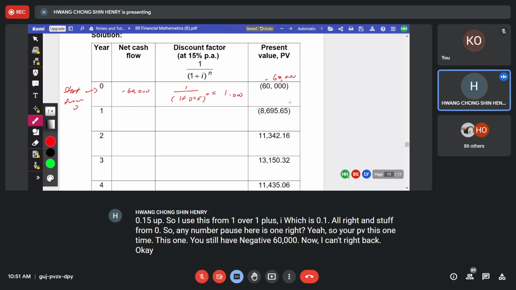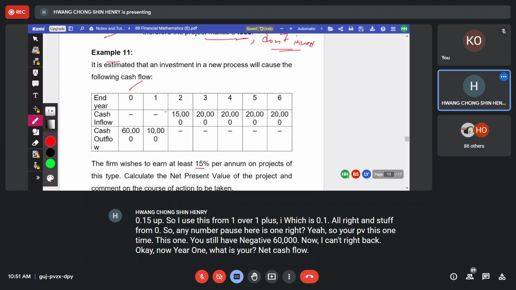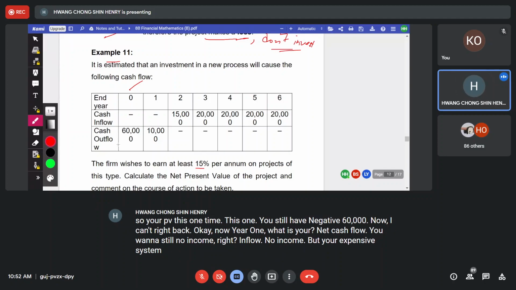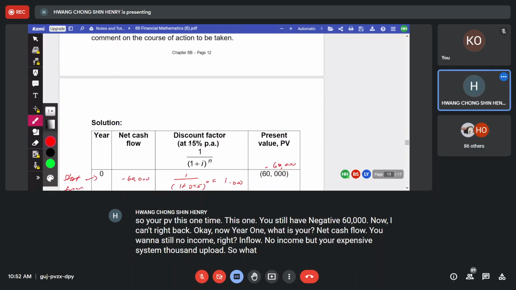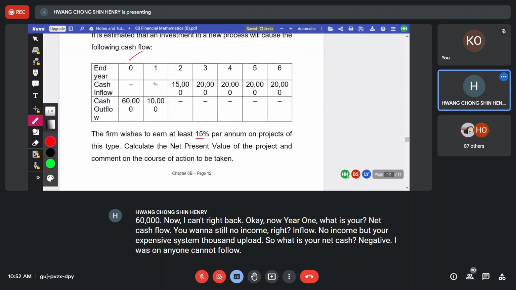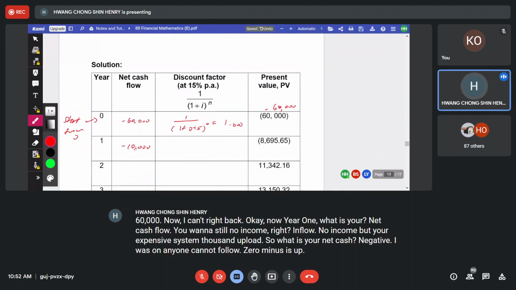Now, year 1, what is your net cash flow? Year 1, still no income, right? No inflow, but your expenses are 10,000 outflow. So what is your net cash? Negative 10,000. Anyone cannot follow? 0 minus this, still negative.